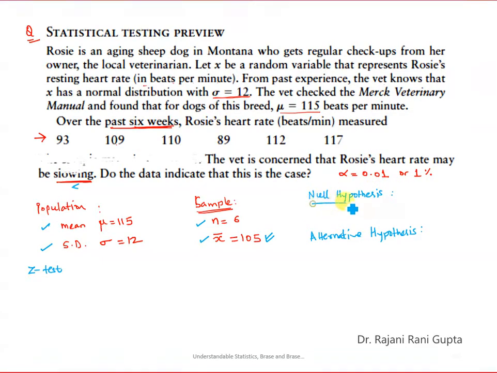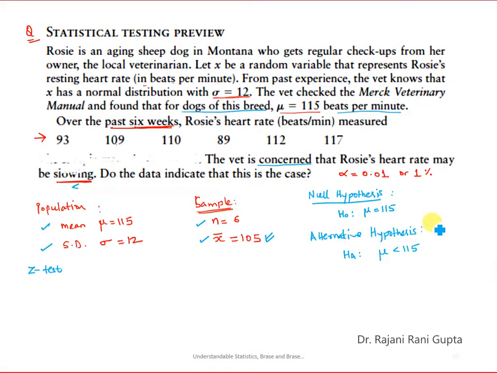For the null hypothesis, we go with the claim that her heart rate is not decreasing and it is 115 beats per minute, as per dogs of this breed. And the alternative is we go with the concern of the veterinarian: it's slowing, so we say that it is less than 115.